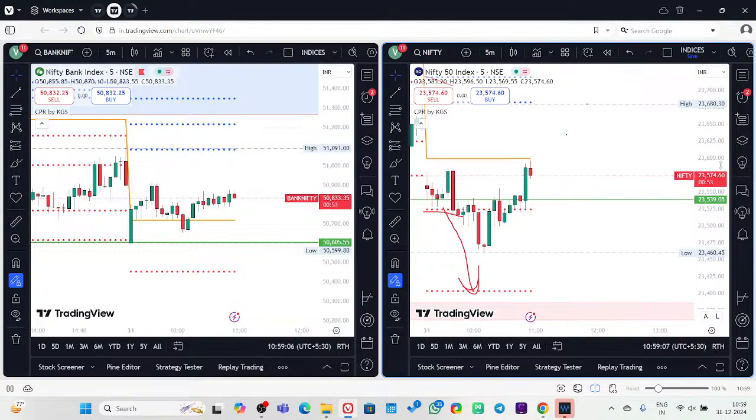So try 2 to 3 at a time and understand what gives you more profitability according to your personality. Then stick to that for 3 months. First take 1 or 2 strategies with the system and stick to those strategies and see the profitability.